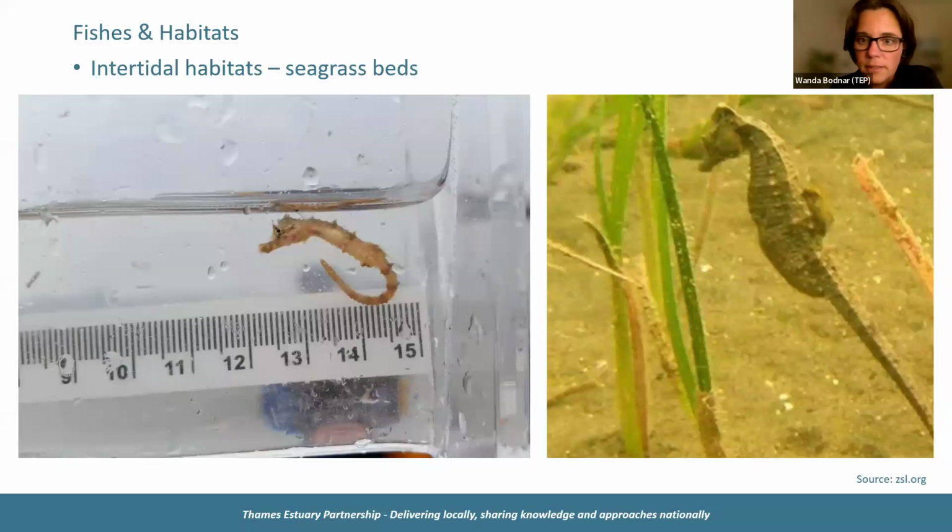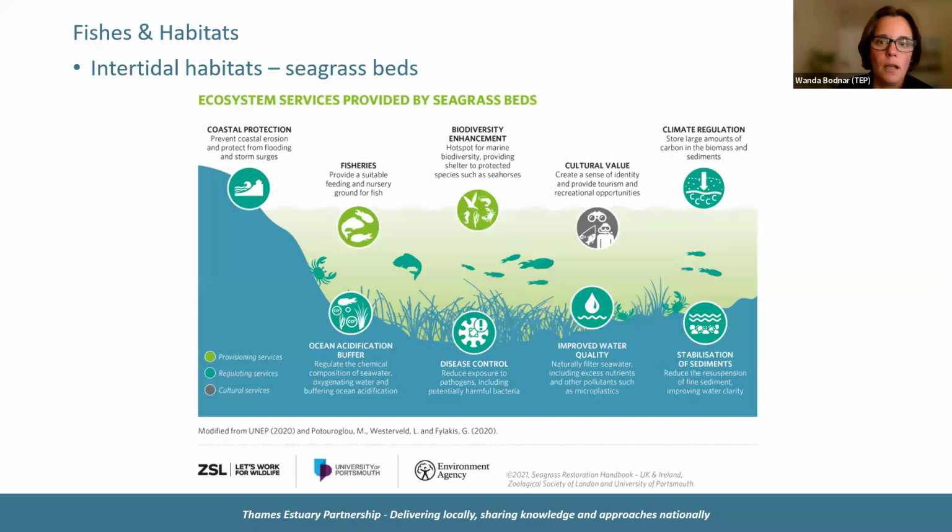However, these occurrences are likely attributed to them being washed in by the tide. Just like salt marshes, seagrass beds provide important ecosystem services such as coastal protection and climate regulation by capturing and storing carbon.